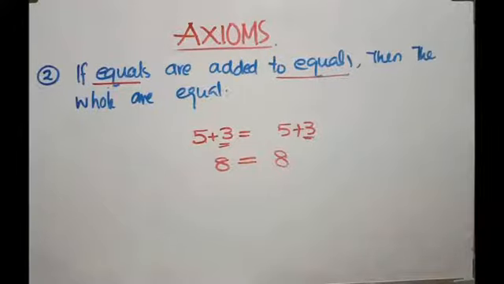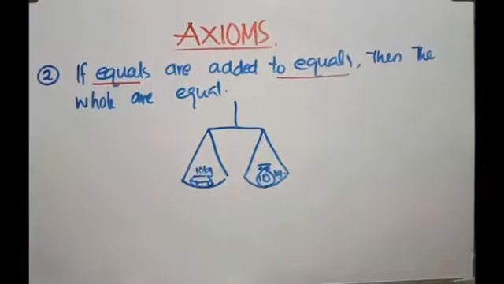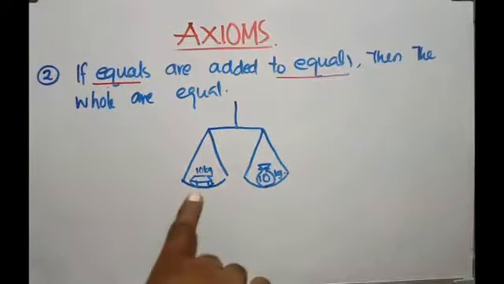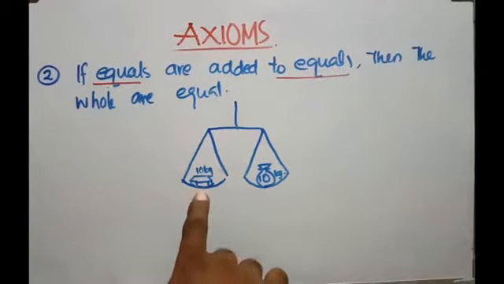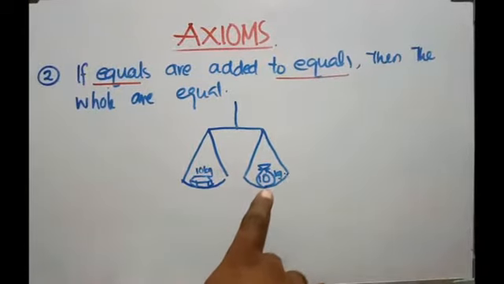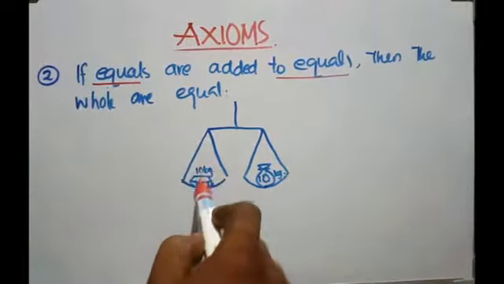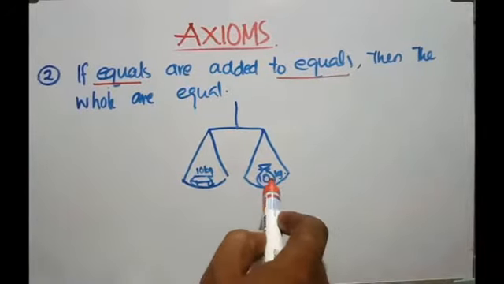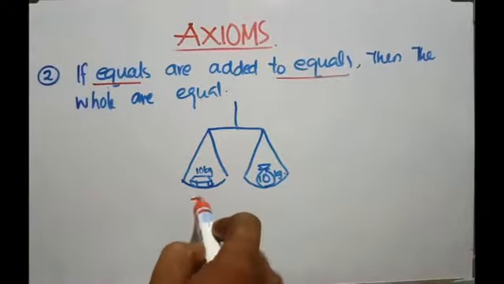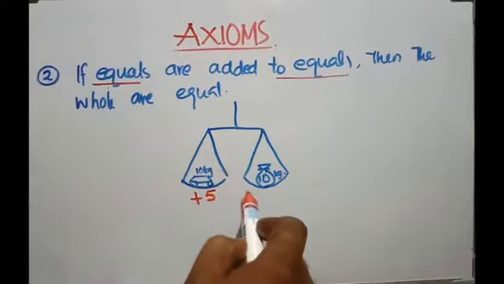Okay, another example. We have a weighing balance. In the left pan we have 10 kg weight, and in the right pan we have 10 kg quantity, maybe rice. So we have two equal quantities on both pans. Now let's add 5 kg on both sides.